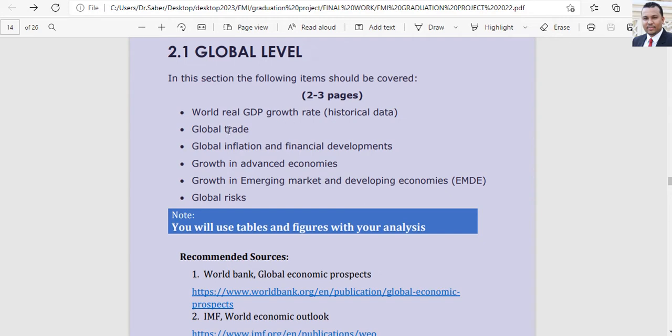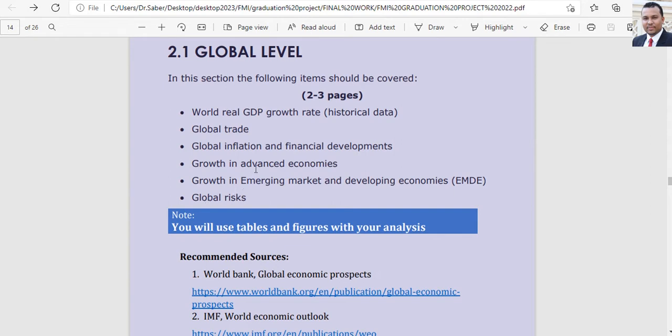What about the forecasting and the trend for global trade, global inflation, and growth? In this case, the economic growth, we will compare growth in advanced economies and in emerging markets. And in this case, we talk about the global risk.